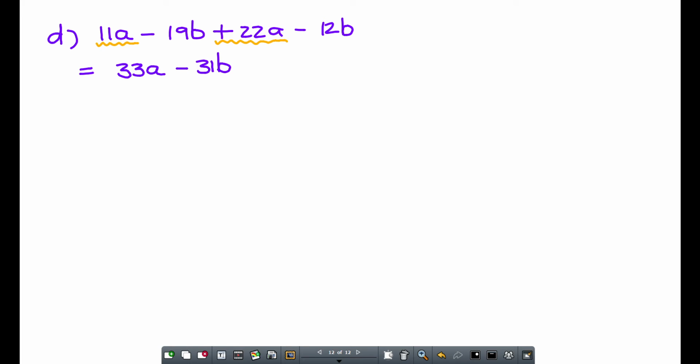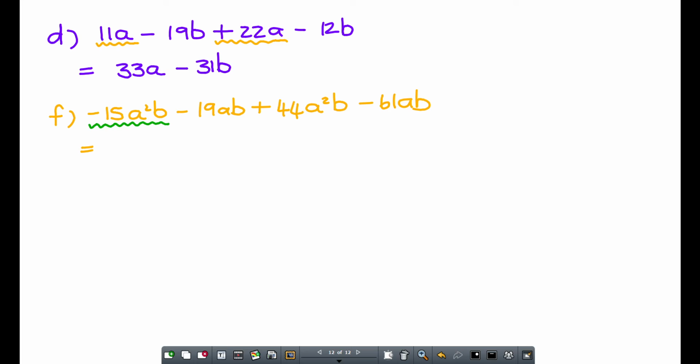Okay, then F. Minus 15A squared B minus 19AB. Okay, so again, we need like terms. Let's look at the A squared B's first.